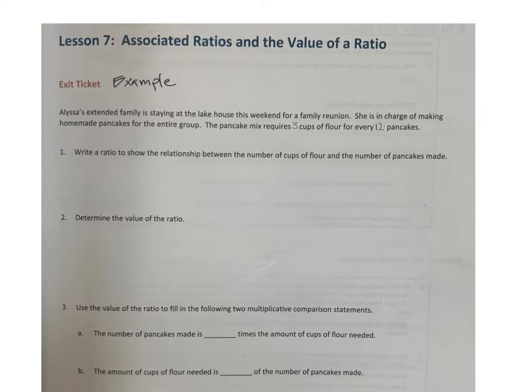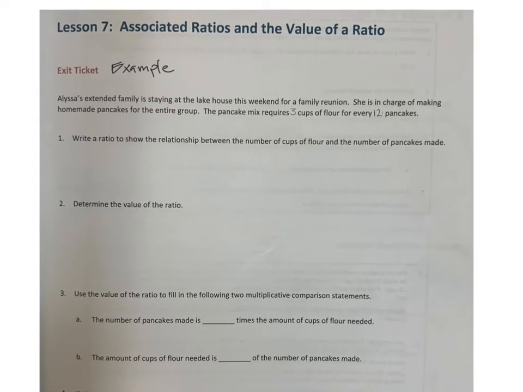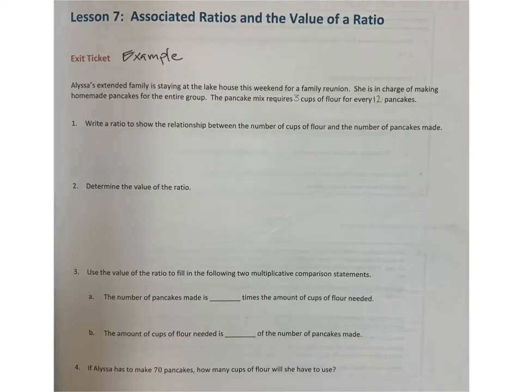As you can see, there's some information here, and there's 1, 2, 3, 4, 5, 6 questions to answer. So we need to figure out what information we need from what they've provided us here, and then how we can use that information to answer the questions.